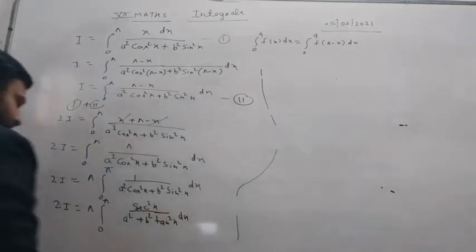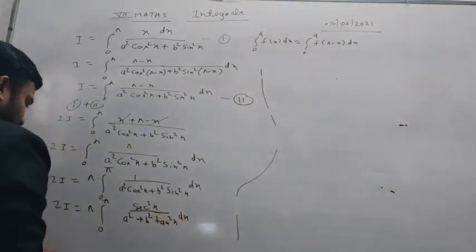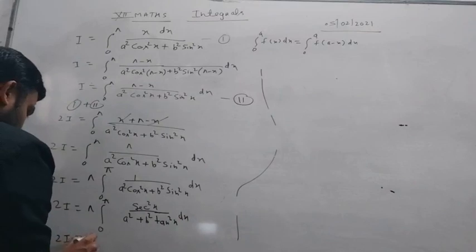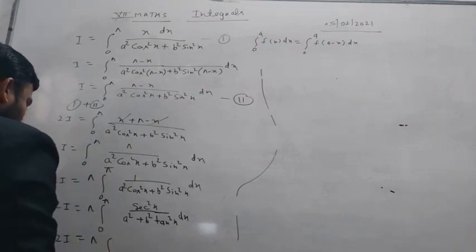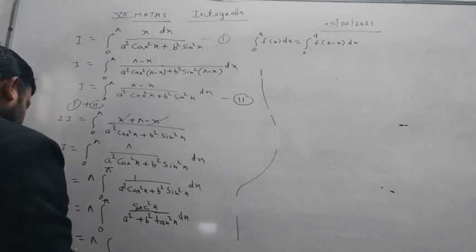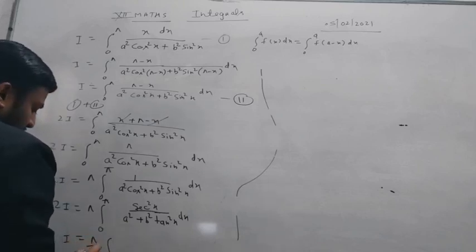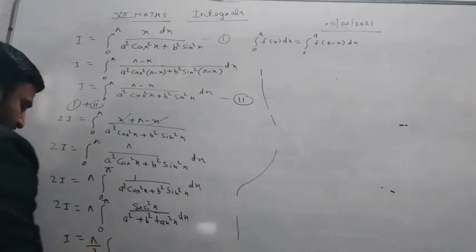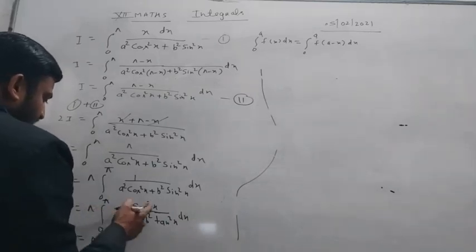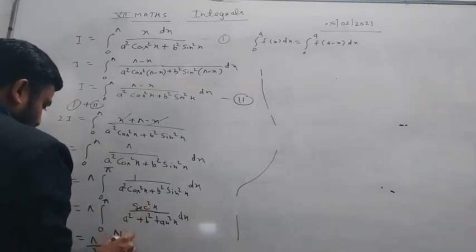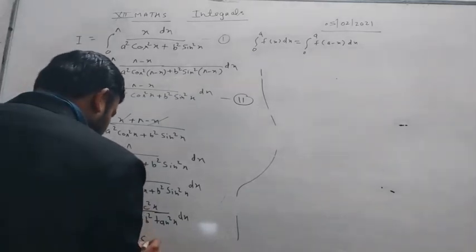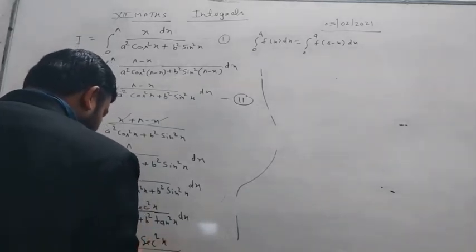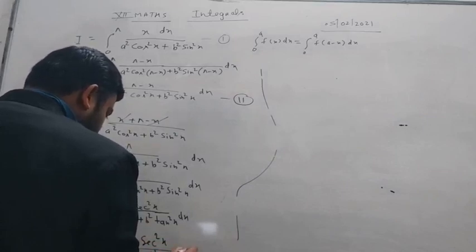Okay students, now we see that this is 2I, and pi, so we can write pi by 2, and when we change this to pi by 2, we multiply by 2 here, and this will be written as sec square x by a square plus b square tan square x.